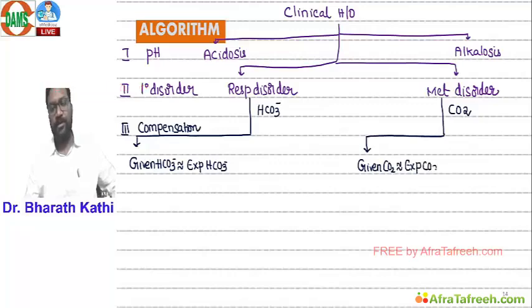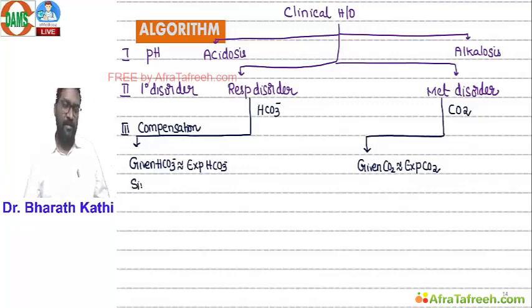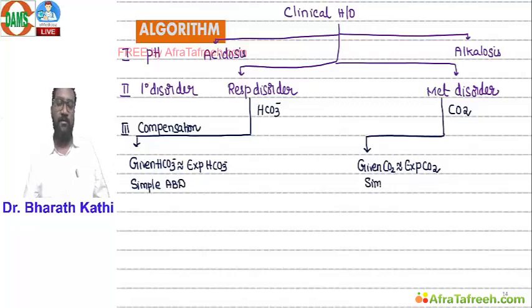If given and expected are correlating, it is adequate compensation. You can just write it as simple acid-base disorder. Simple acid-base disorder.